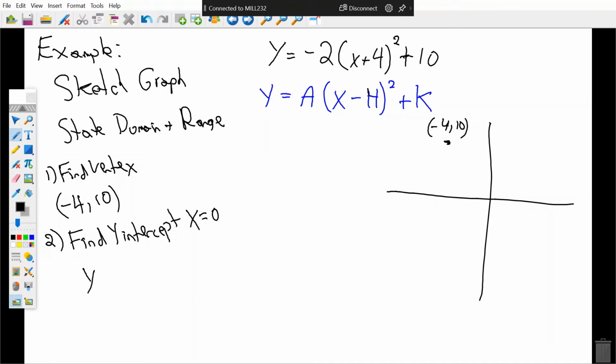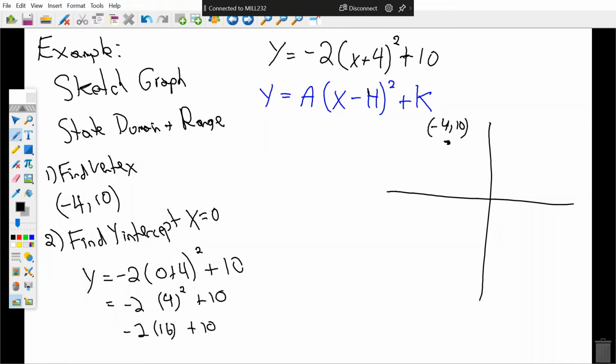So y equals negative 2 times 0 plus 4 squared plus 10. 0 plus 4 is 4. 4 squared is 16. Negative 2 times 16 plus 10. Negative 2 times 16 is negative 32. Plus 10 is negative 22.